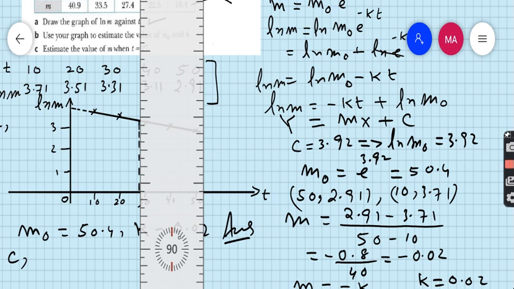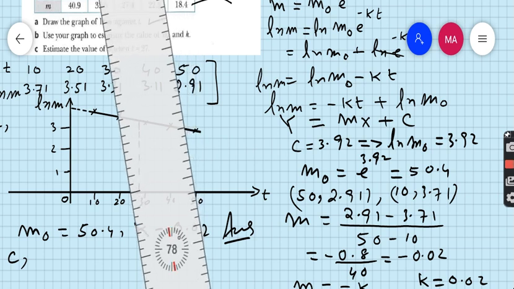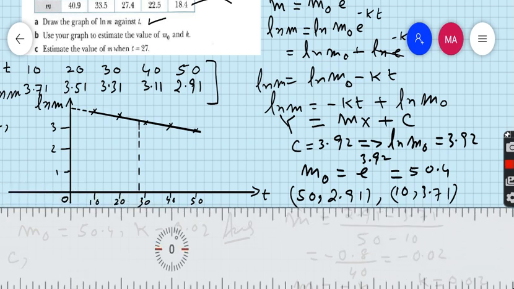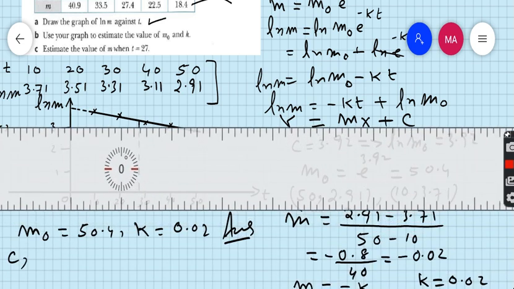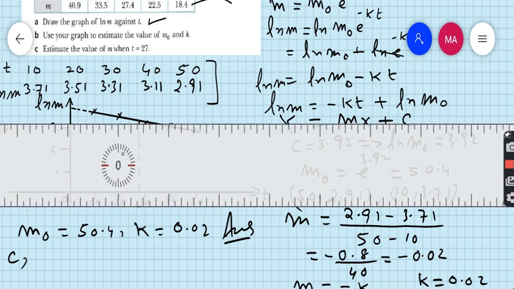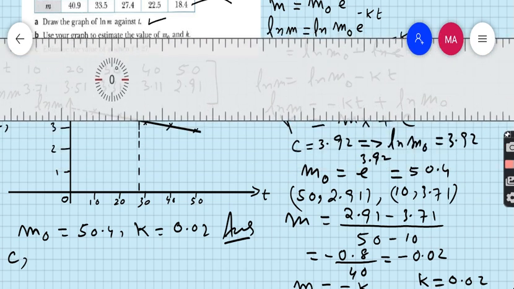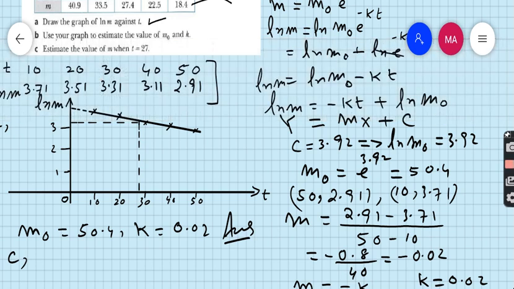and now join this dotted line to the y-axis. Now read this value carefully.